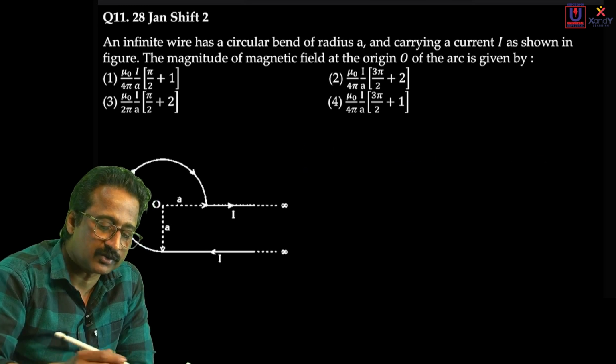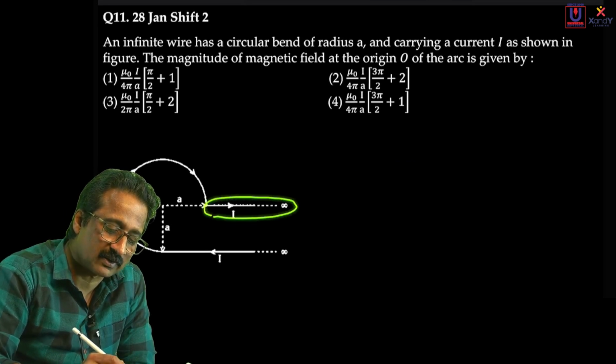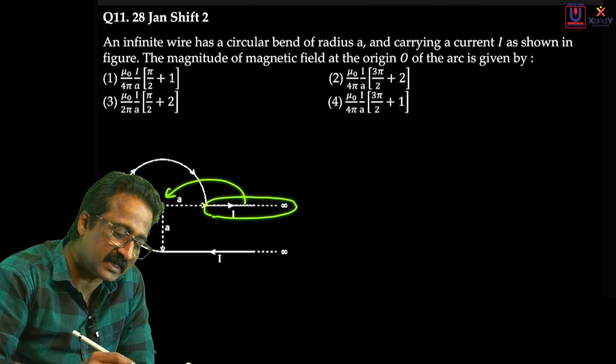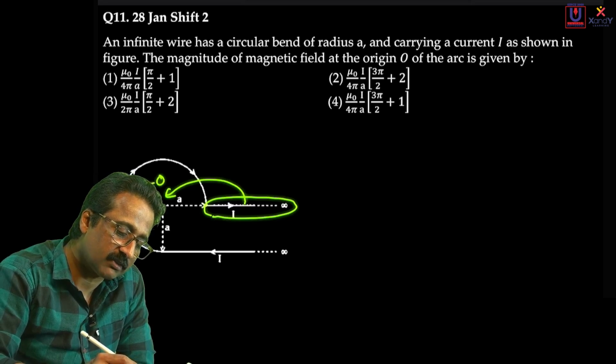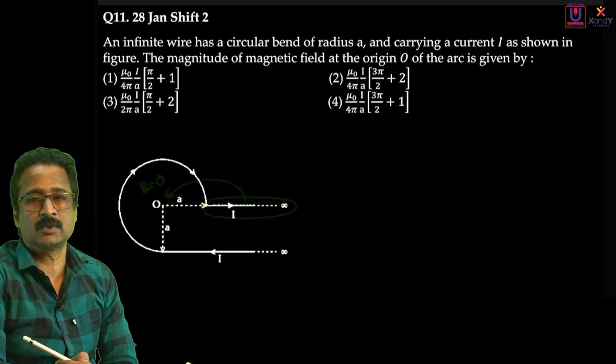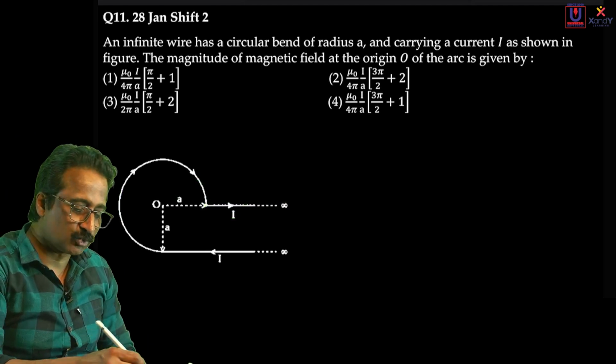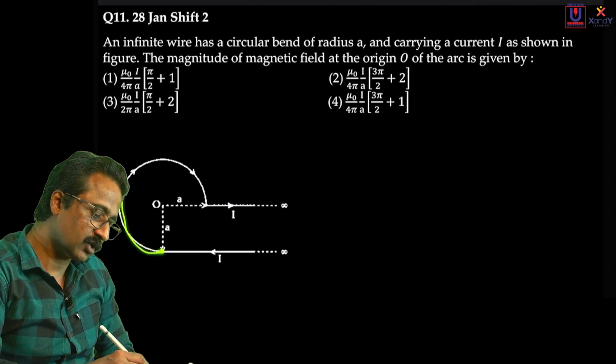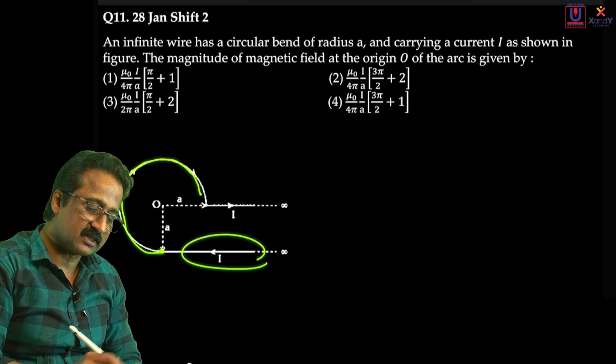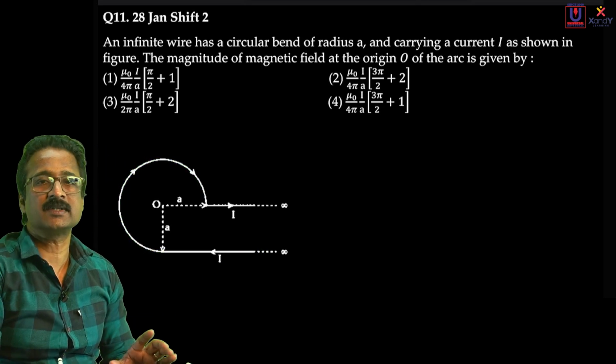So you don't have to worry about this section at all. The field at the center is only the contribution of two parts here: one is the 3/4 circle and the other is this part.